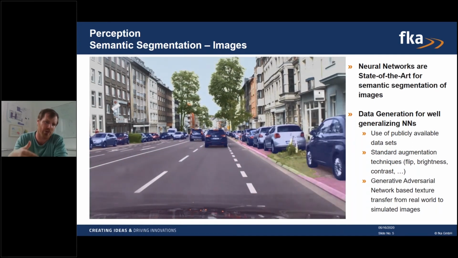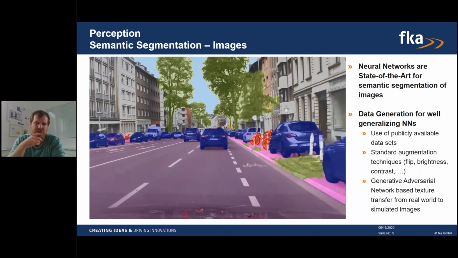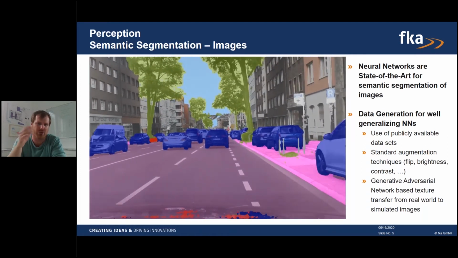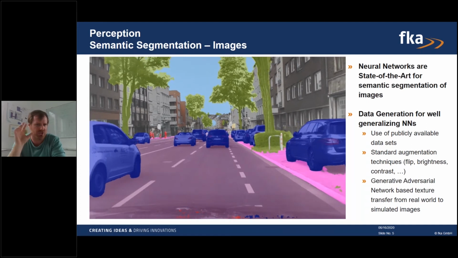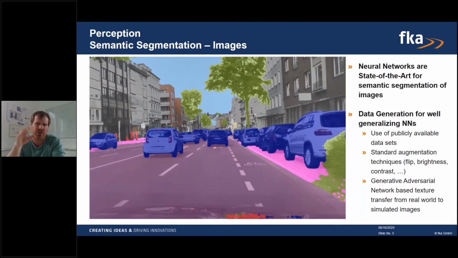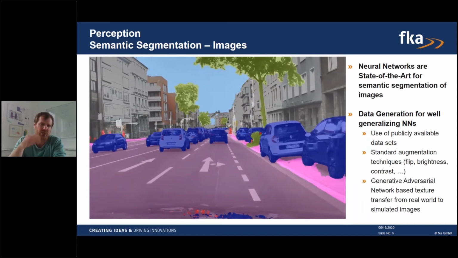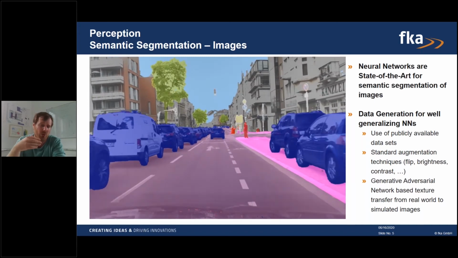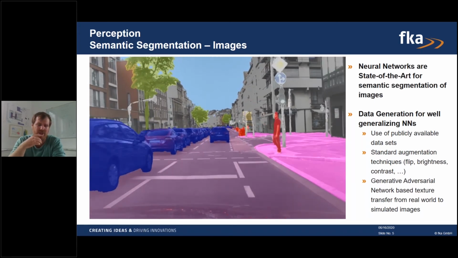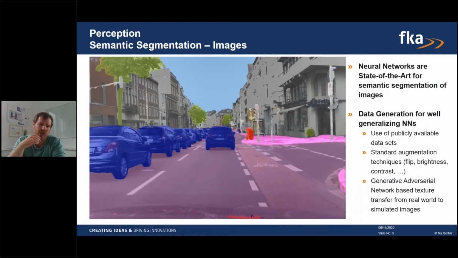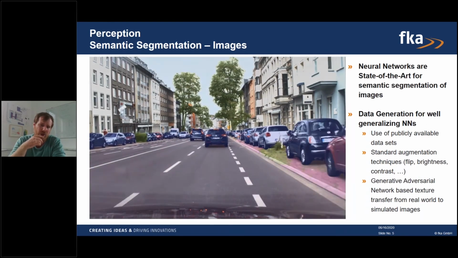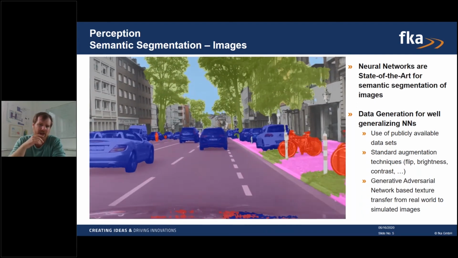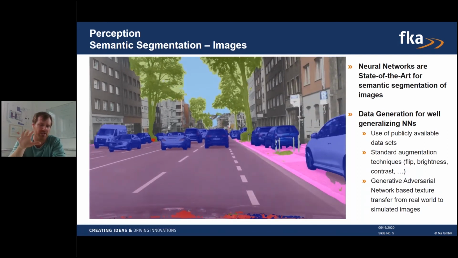But to further improve all these detection technologies, you can apply different variation techniques. For example, you can modify the image by just flipping it and changing the brightness, the contrast, etc. So you still have the ground truth from the labels, but you make the network more robust against different inputs, different lighting situations, etc. You can actually go further and use GANs, where you apply textures to simulated images.